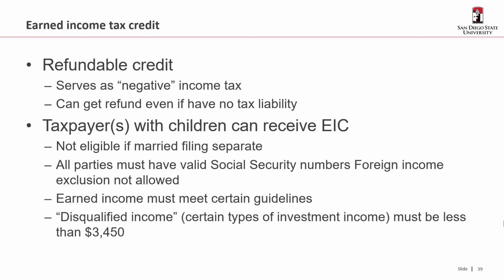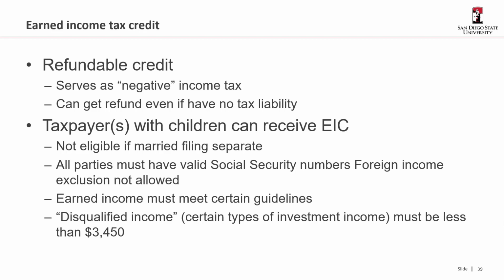Now the earned income tax credit, which is a refundable credit, which means this serves as a negative income tax. A lot of the very needy will get the earned income tax credit. It could be 100% refundable, and they get to keep it all. Taxpayers with children can receive an earned income credit.